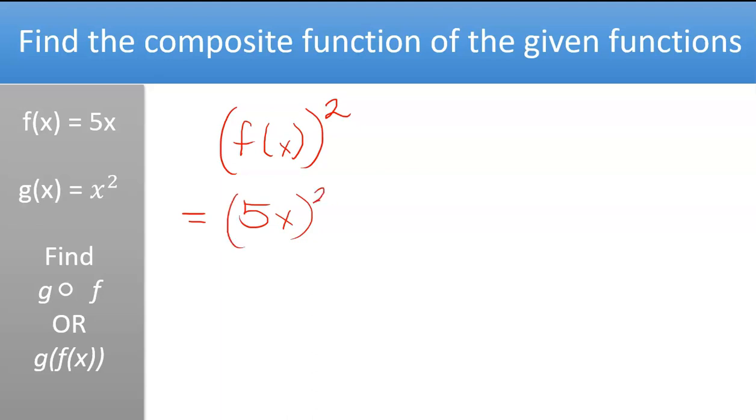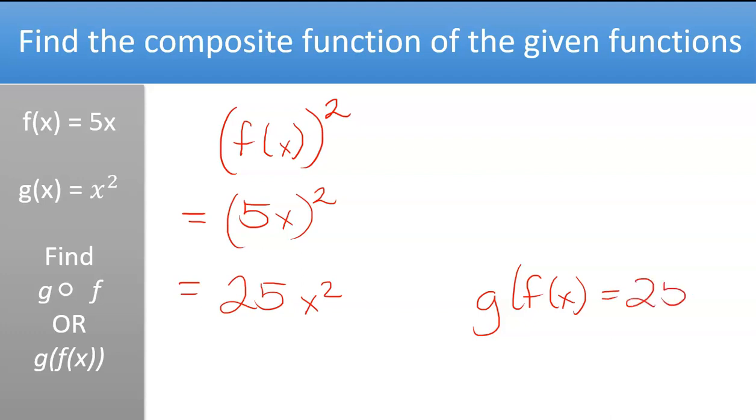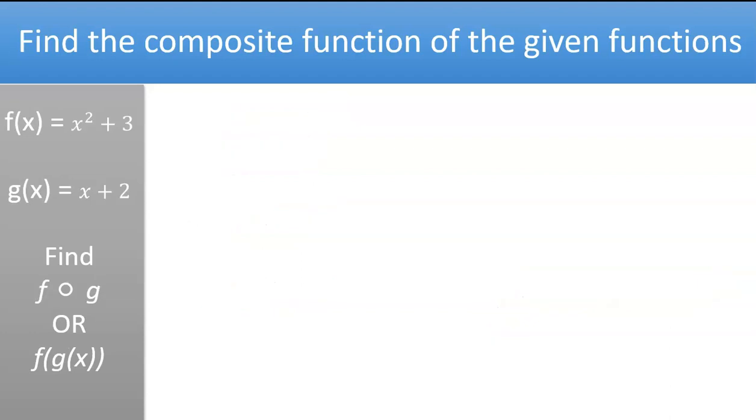And then square it. If I simplify this, I will get 25x squared. Therefore, g of f of x is equal to 25x squared.